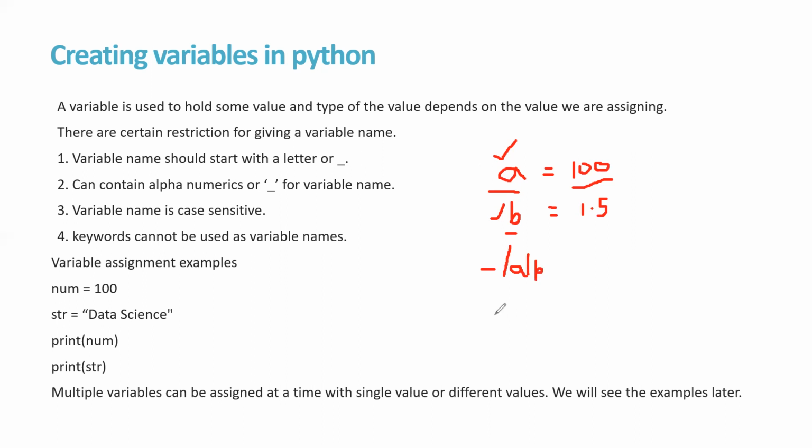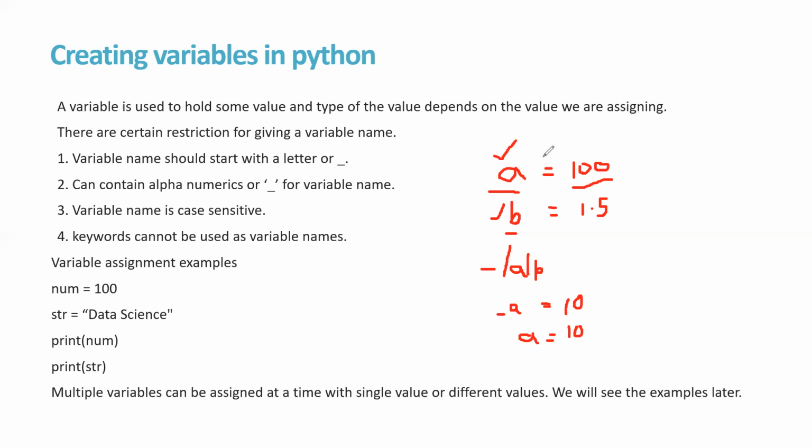Either you can say underscore a is equal to 10, or you can assign a is equal to 10. So your variable name can start with an underscore or with an alphabet. But you cannot start with a numeric value or any sort of alphanumeric value apart from underscore.